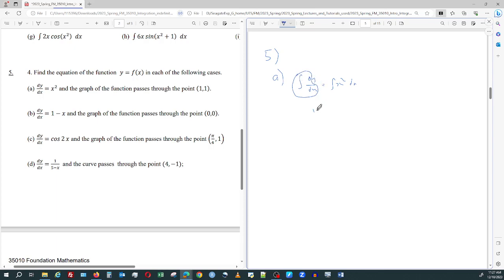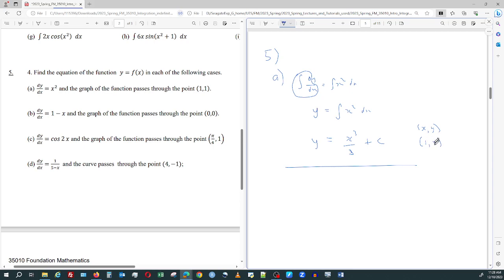So we're left with y is equal to the integral of x squared dx, which is x cubed on 3 plus c. Now we're told that as an IVP we have an xy coordinate pair, such that when x is 1, y is 1.